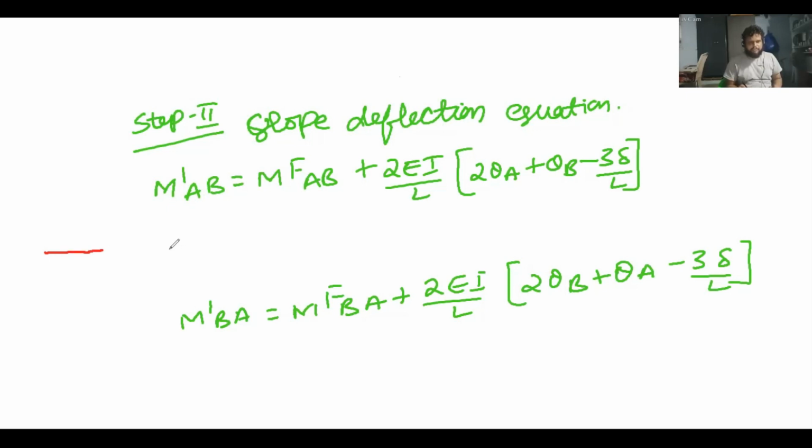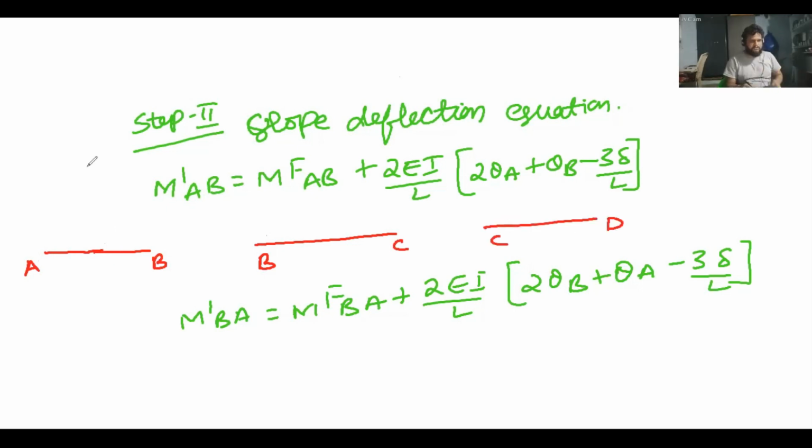Let me split, and again I will be erasing those parts. So this is span AB, this is span BC, and this is span CD.